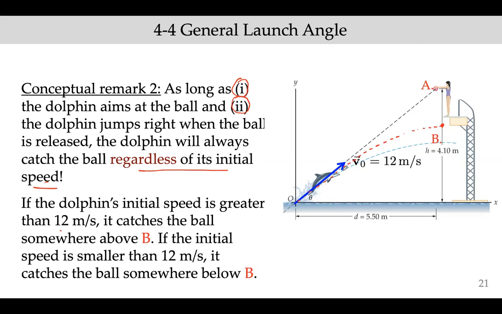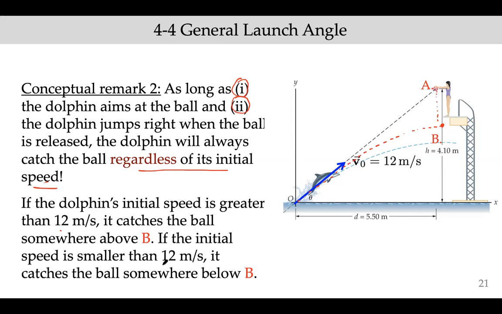Because it has more velocity, it will come here quicker. So the ball will fall down, and it will take less time for the ball to fall this shorter distance. So they would again meet at this point somewhere above B.